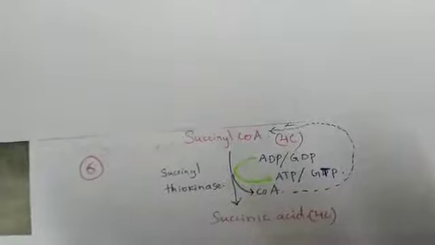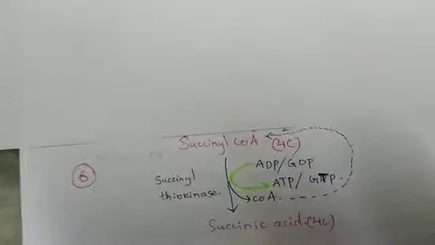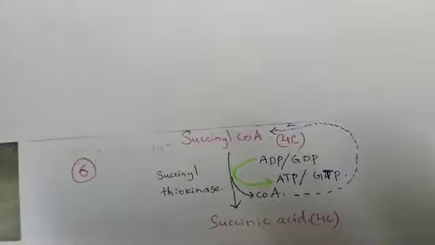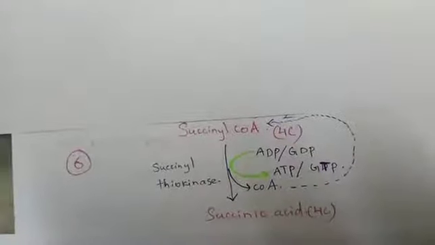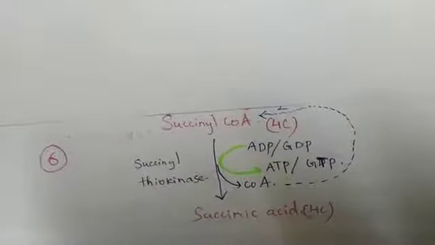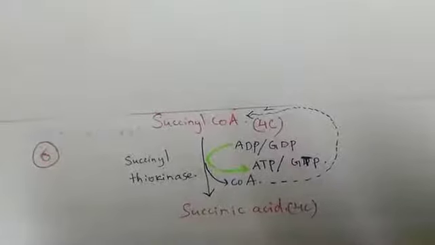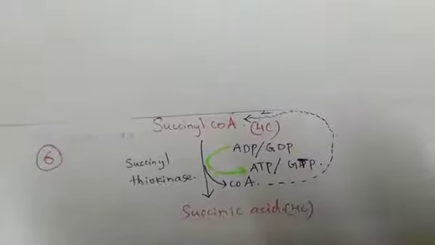In animal cells, the Krebs cycle releases GTP, but in plants it releases ATP. Hence this reaction is termed cleavage. This reaction takes place in the presence of the enzyme succinyl thiokinase.